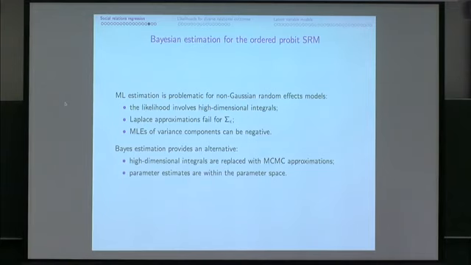So alternatively, you can use Bayes estimation. You can replace doing these high-dimensional integrals with Laplace and instead use Markov chain Monte Carlo. And as we'll see in the next section, the Bayesian approach accommodates other more challenging types of network data.